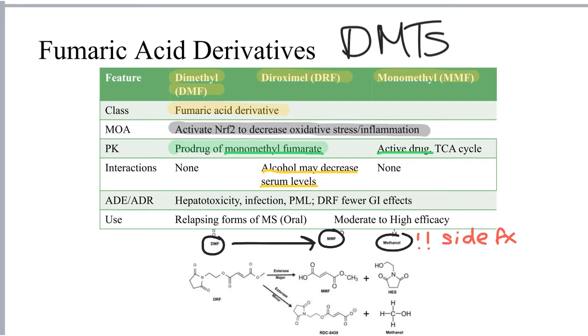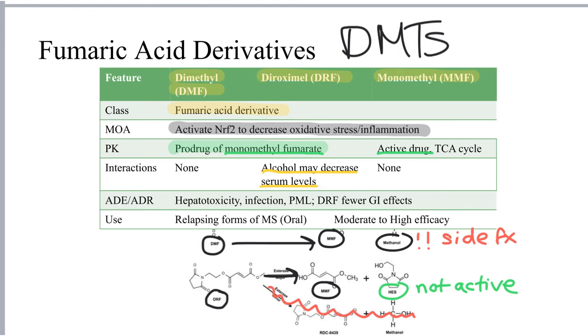In contrast, diroximel fumarate is primarily metabolized to monomethyl fumarate and an inactive metabolite that is not damaging, whereas a more minor metabolic pathway will wind up forming the methanol metabolite. And therefore, diroximel fumarate is thought to have fewer side effects. Monomethyl fumarate is also thought to have fewer side effects given that it is already the active drug and does not need to be metabolized for activation.